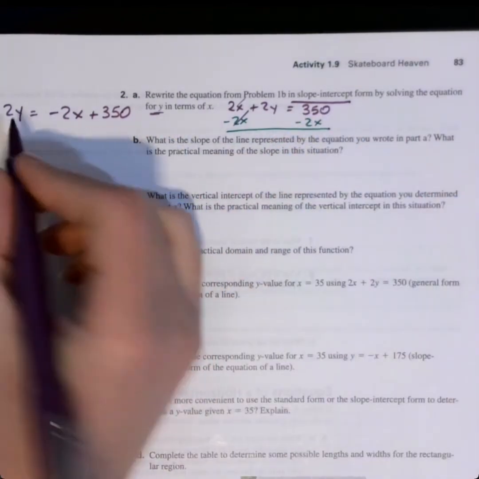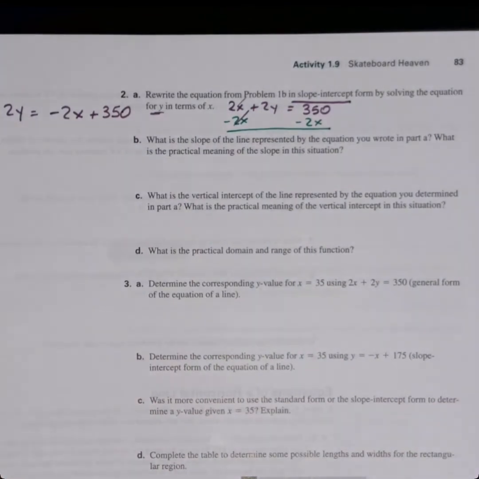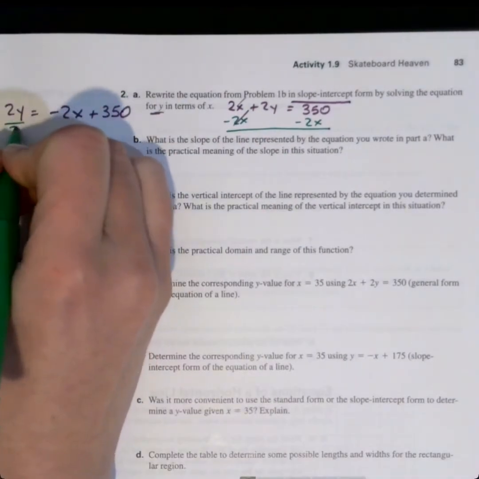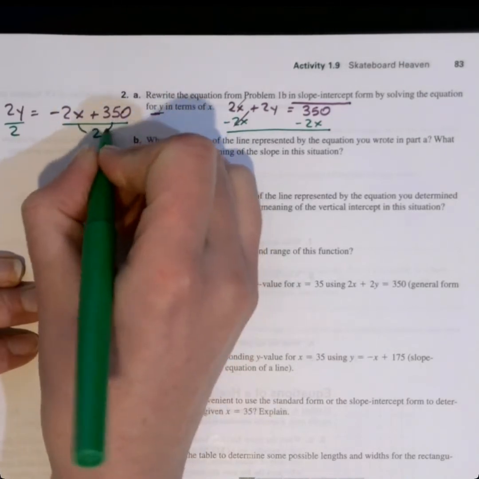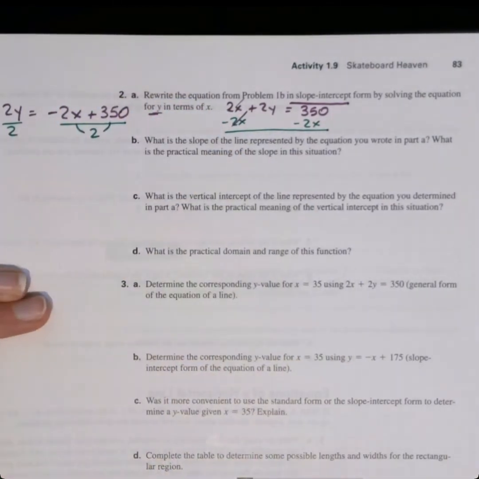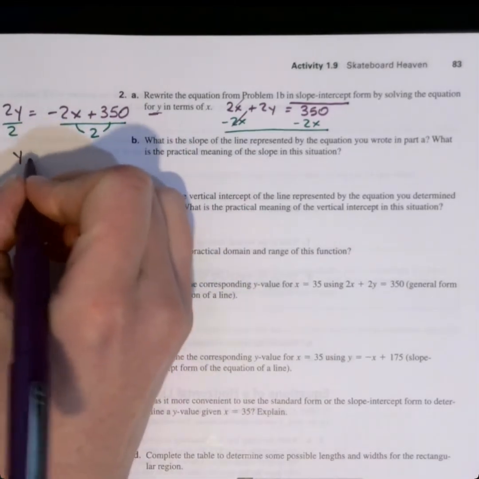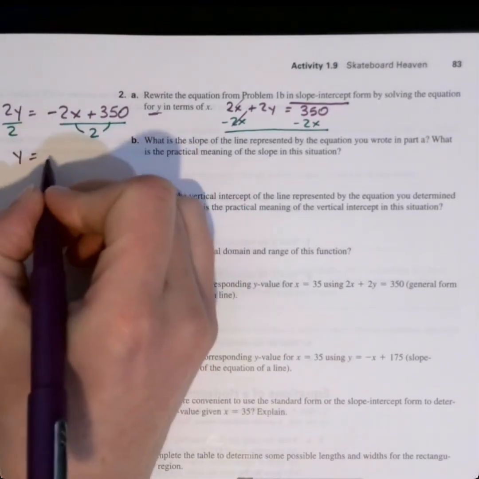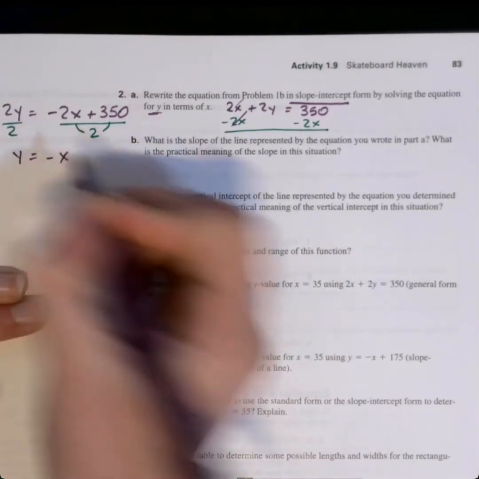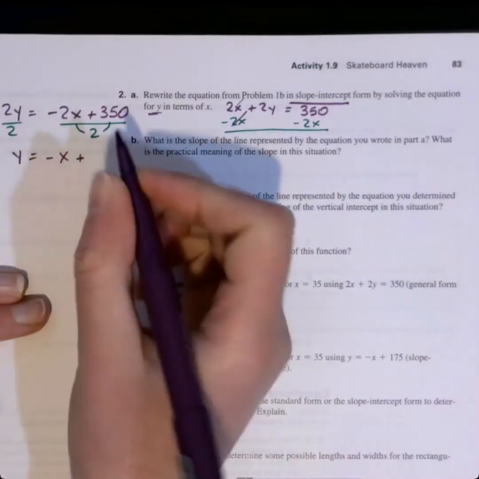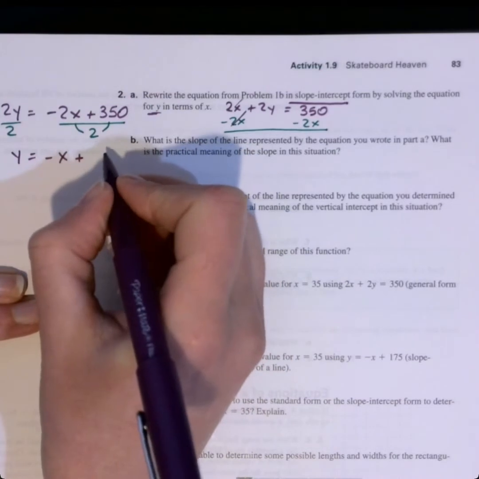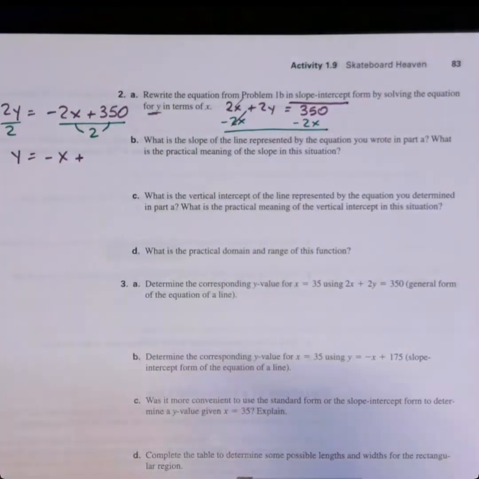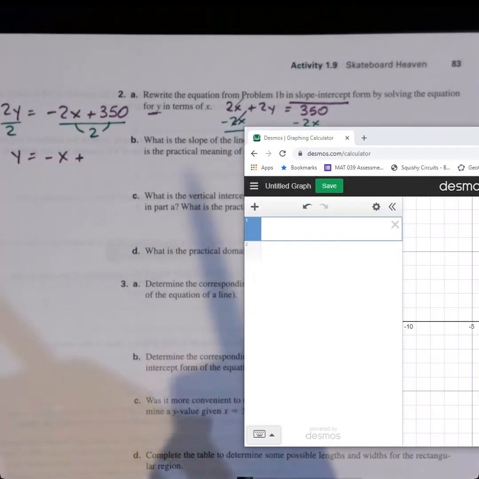Again, we're still trying to get y by itself. So this y has a coefficient of 2. We're going to divide that 2 off. When we divide the 2 off, we're going to make sure that we distribute it so everything gets divided by 2. So y equals negative 2 divided by 2 is negative 1x, or just negative x. And then 350 divided by 2 is going to be, I think 175, but I'm going to check just to make sure.